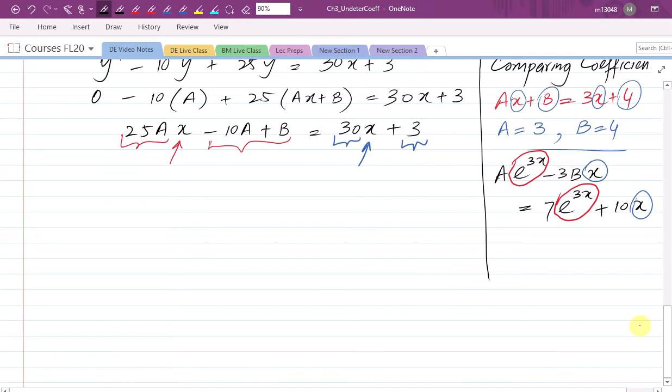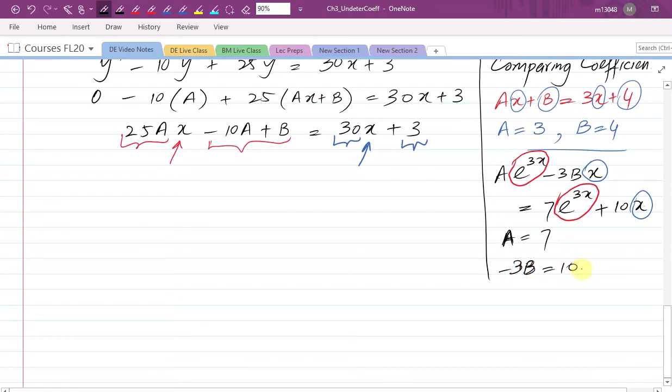Right. Now we compare e power 3x separately. When we compare e power 3x separately, we get a equals 7. Please note that we are only comparing the coefficients. We are writing the coefficients here, not the variable again. Okay. If we compare x from here, we get minus 3b equals 10.